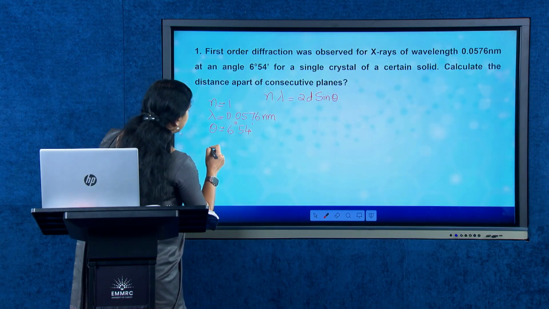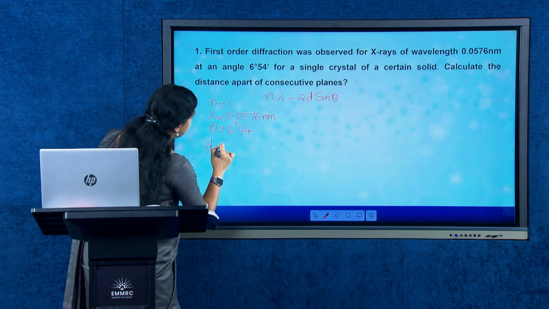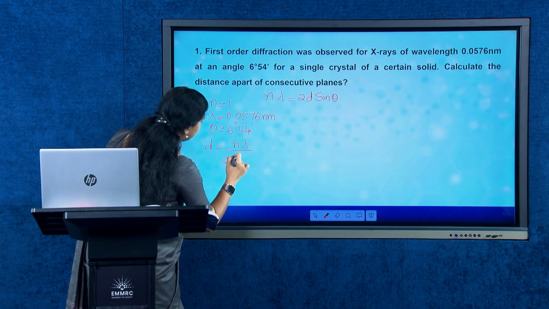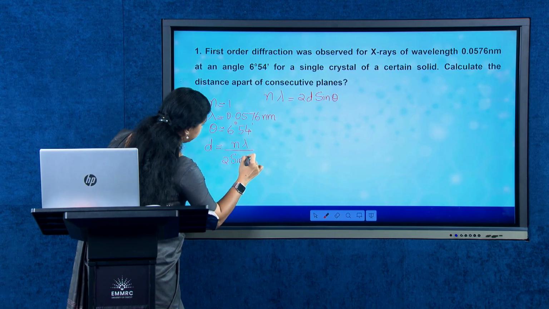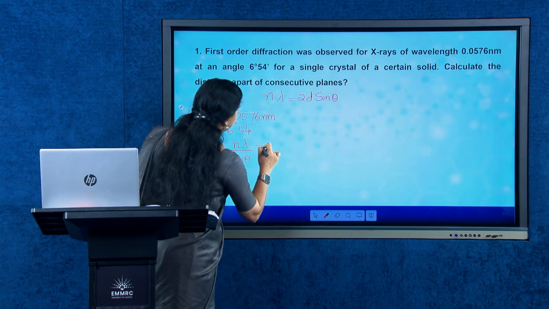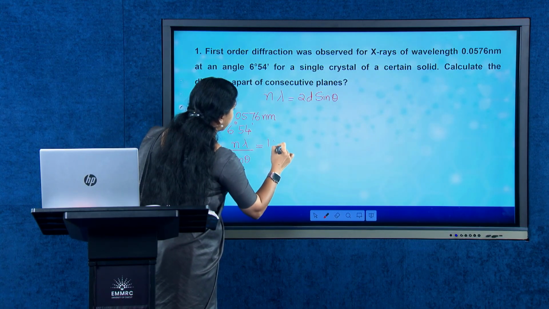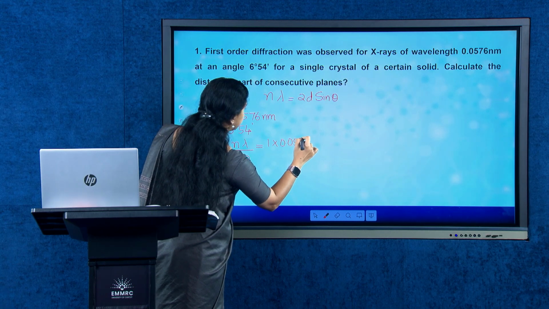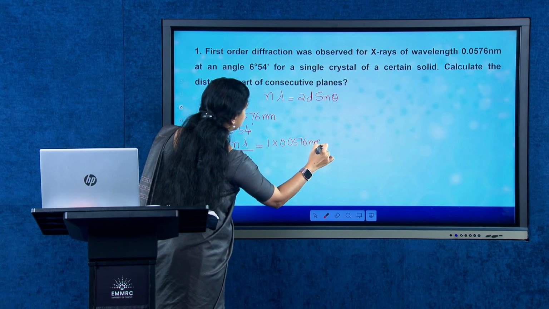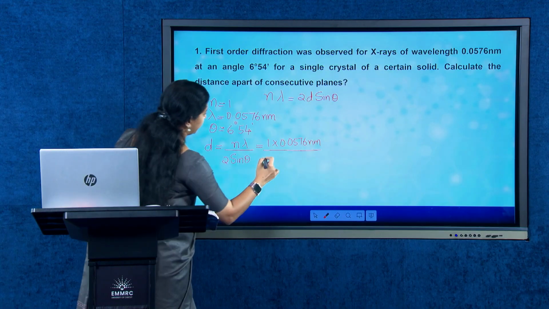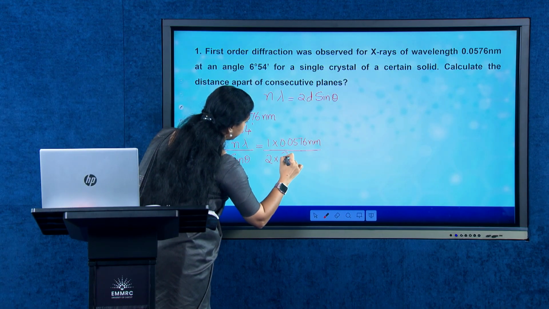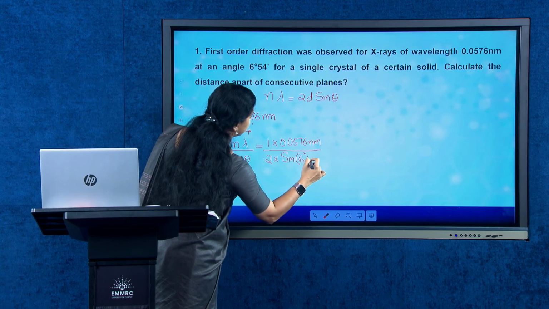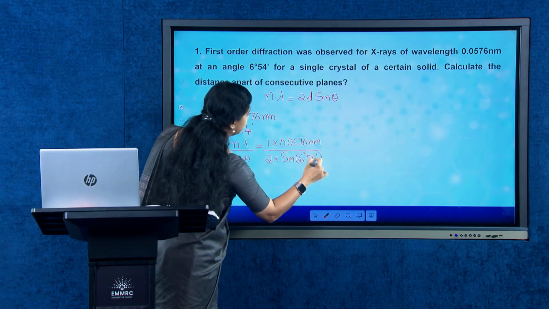From this equation we can find d, that is d is equal to n lambda by 2 sin theta. So, that is equal to, n is 1, so 1 into the wavelength lambda, 0.0576 nanometers divided by 2 into sine 6 degree 54 minutes.